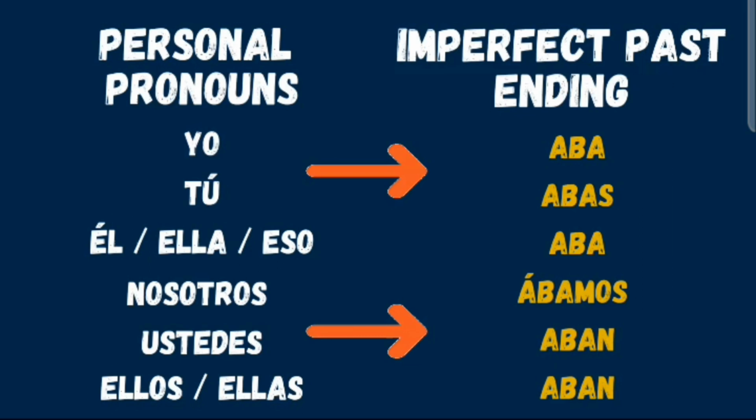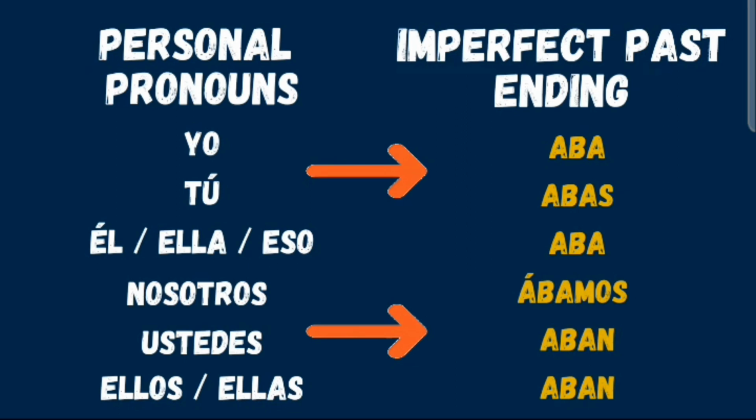Now the personal pronoun we, nosotros in Spanish. If you have this personal pronoun, to conjugate the verb in the imperfect past, you add the ending -ábamos, with an accent on the letter a.